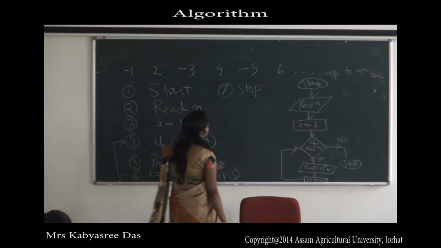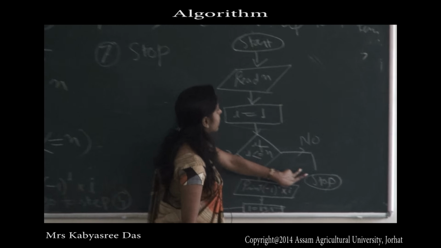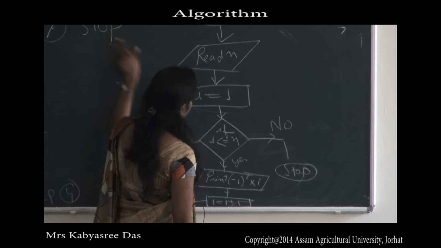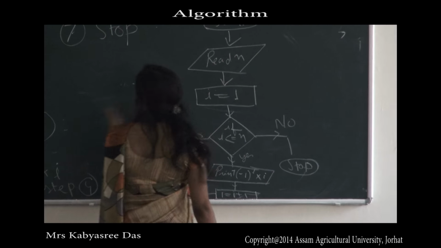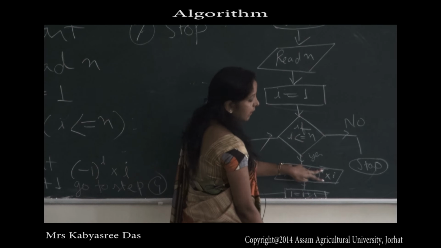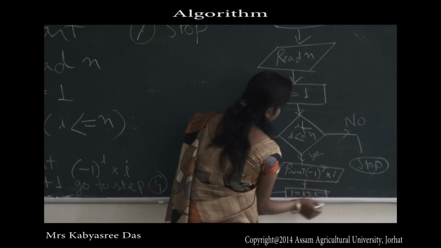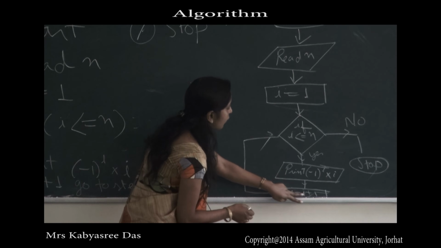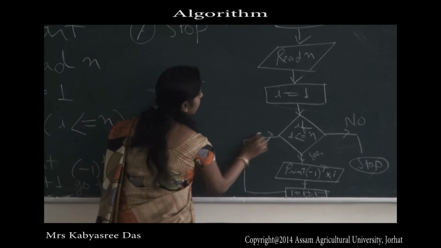If it is no, then directly go to step 7. What is the step 7? Stop. What is the step 5? Print minus 1 to the power I into I. And next step is I equal to I plus 1, then it goes to step 4 again.